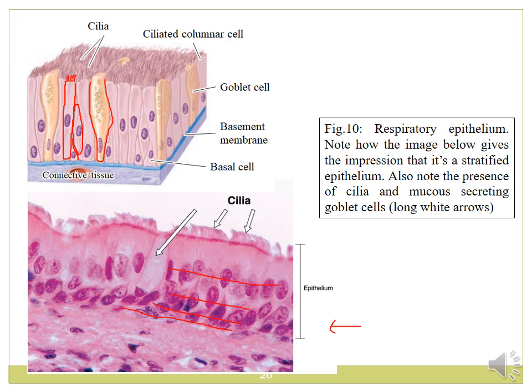But when they examined this epithelium by more methods, it turns out that actually all the cells are located on the same level. Also, I can see goblet cells. These are goblet cells. These are glandular cells that secrete mucus. And these are the cilia found on the surface of the epithelium. So this is the respiratory epithelium.